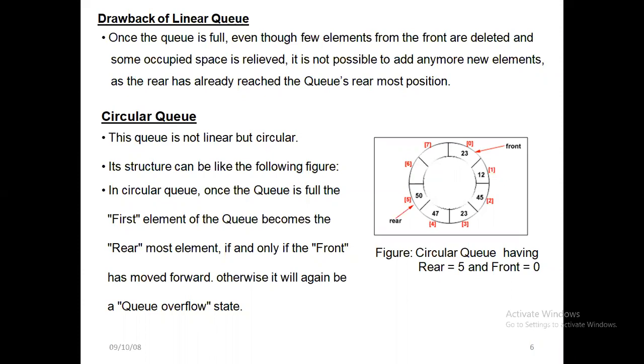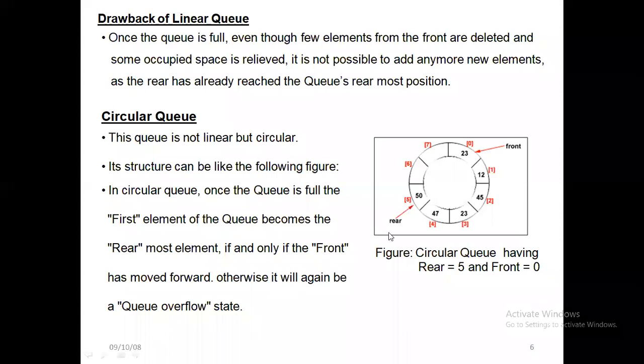So you can see the circle. For example, front is at the 0th location, where 23 is. The rear is pointing at the last location, index 5.